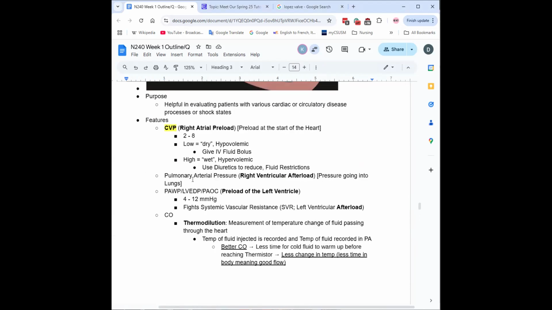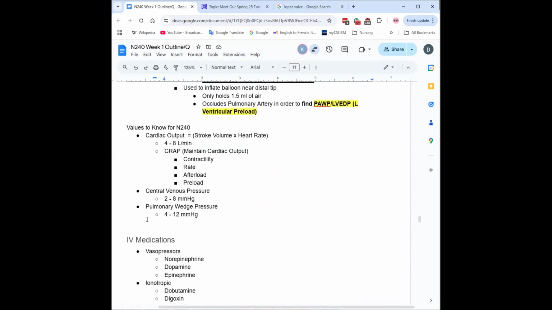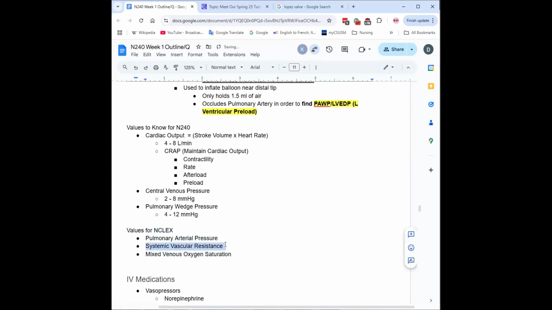So things that get skipped over here is the PAP. We don't talk too much about the PAP, but we talked about how the PAP can be measured to look at pulmonary hypertension. What else can this thing do? Oh, we talked about the systemic vascular resistance. You don't need to know the number for it.